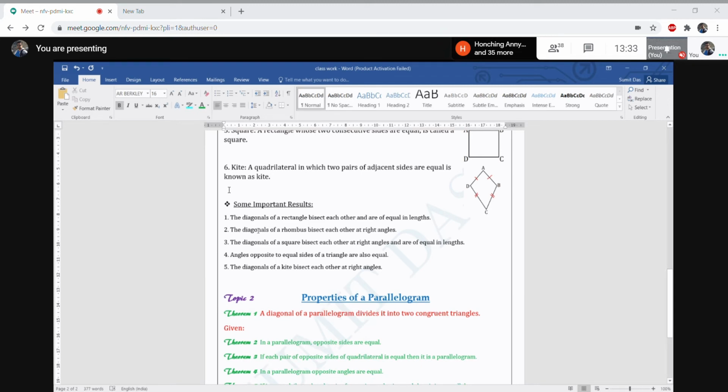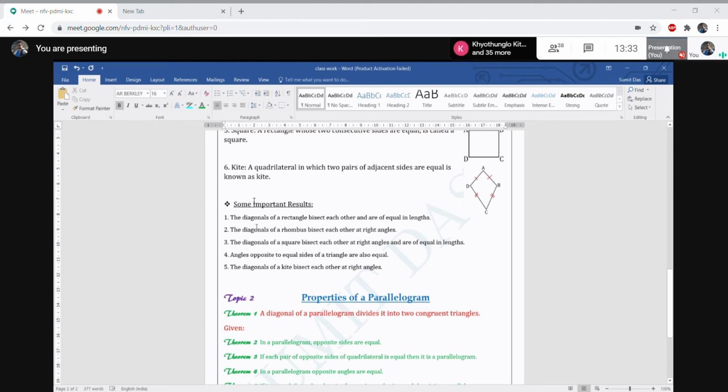Result one: the diagonals of a rectangle bisect each other and are equal in length. All these results are very important.